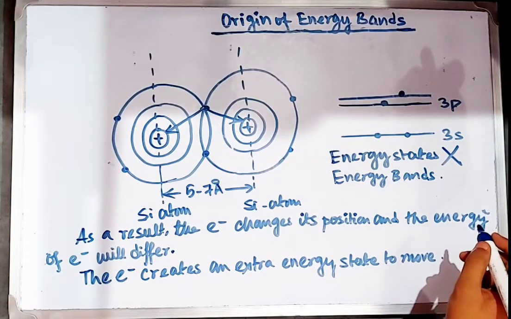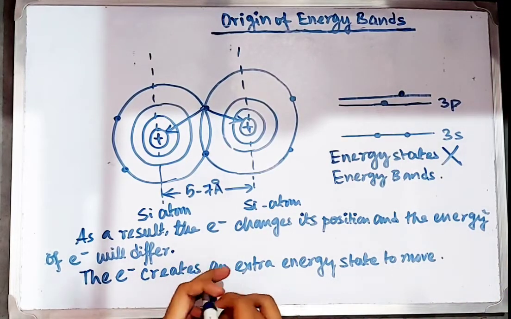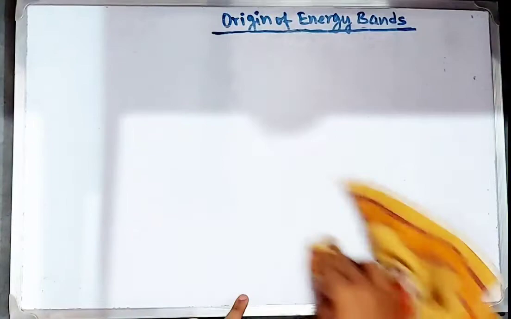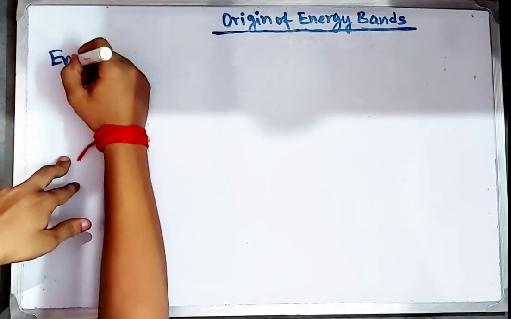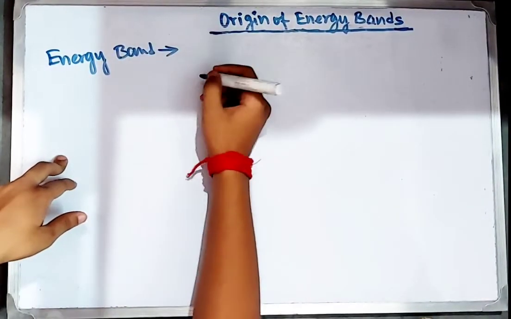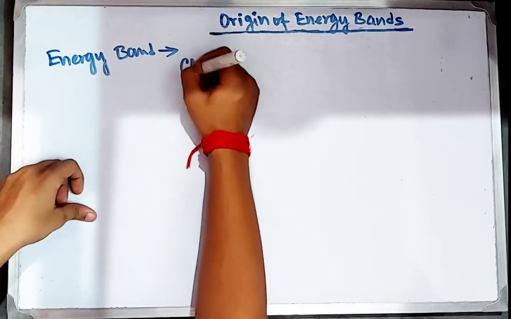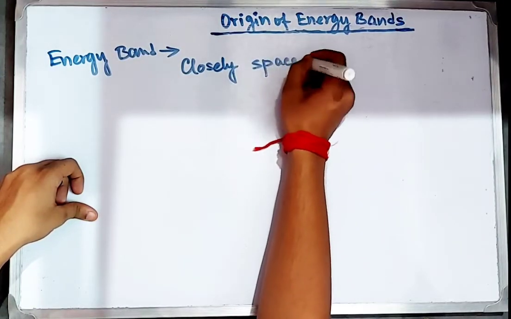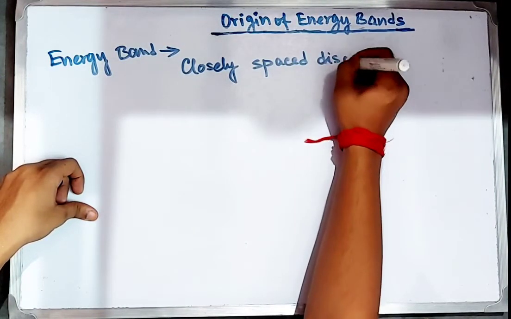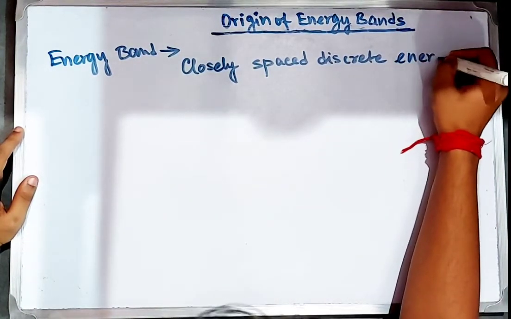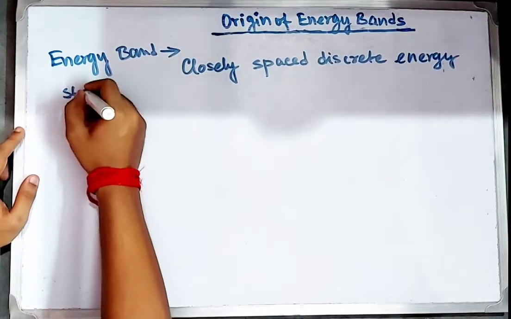So if I want to define what is an energy band, then I will say an energy band is closely spaced discrete energy states.